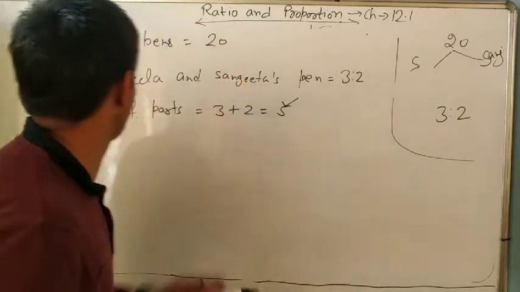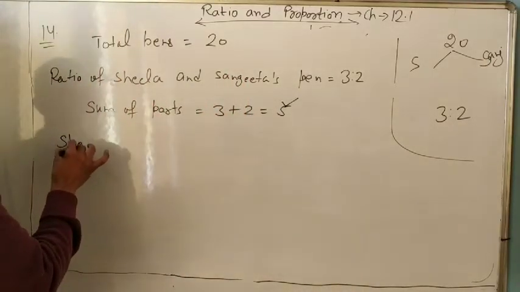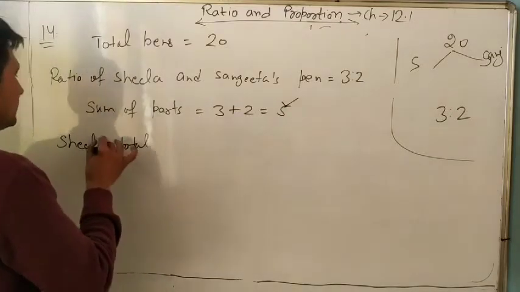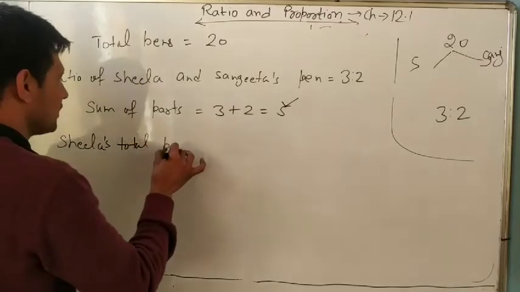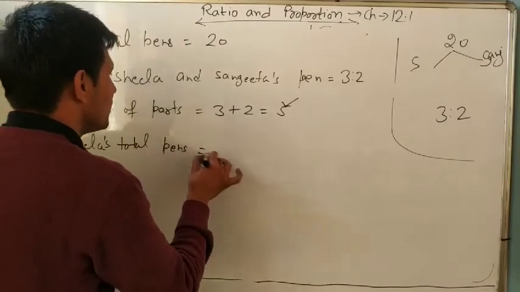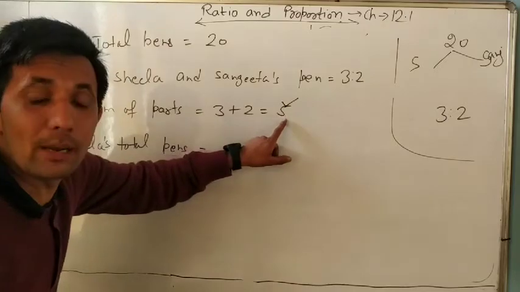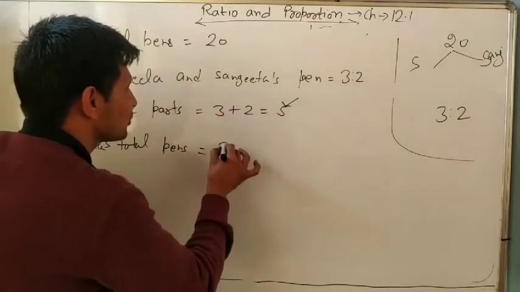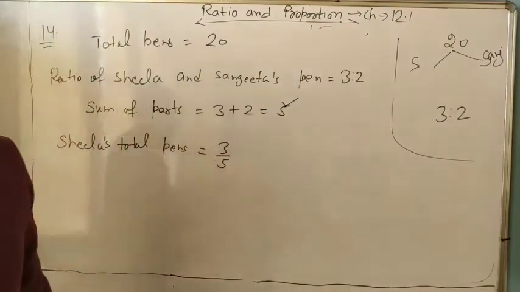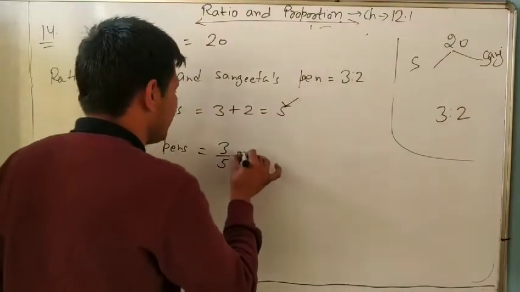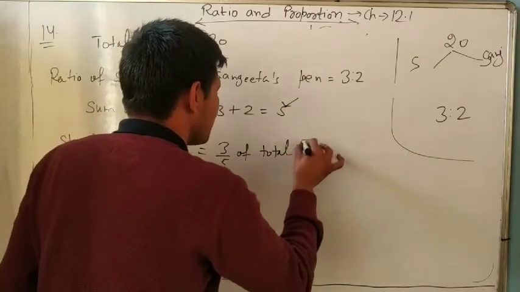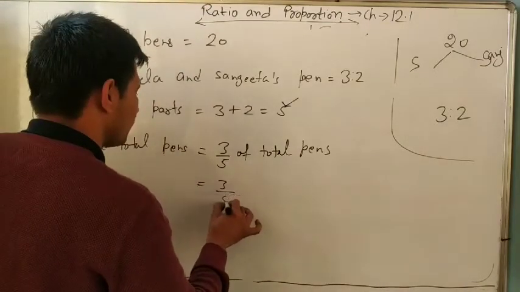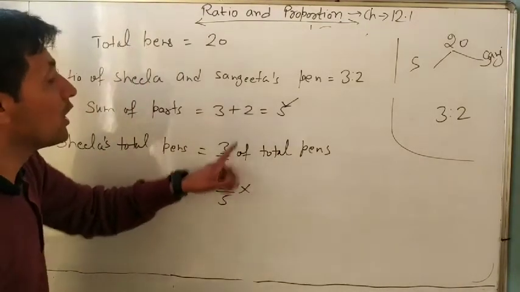So, Sheila's total pens: if the total is 5, how many does Sheila have? 3:2, so 3 upon 5. 3 upon 5 of the total pens. Yes? 3 upon 5 or not?